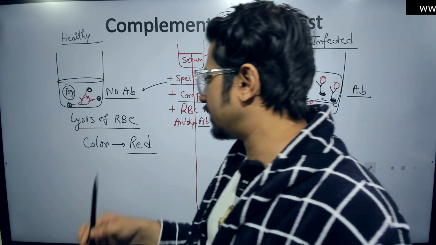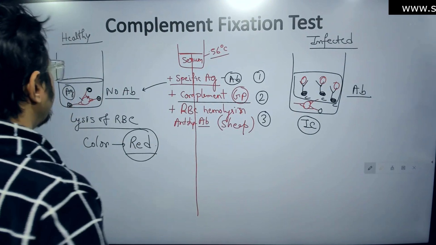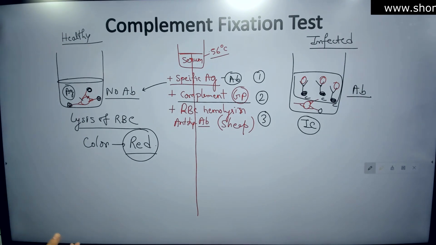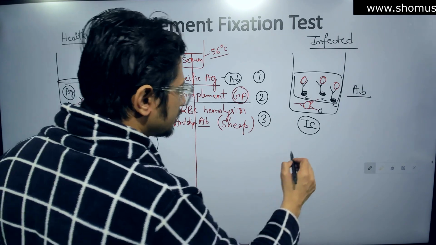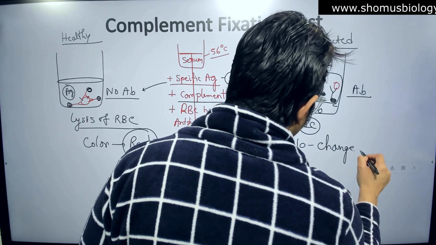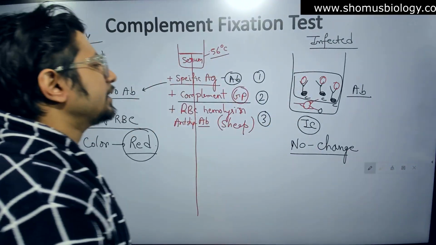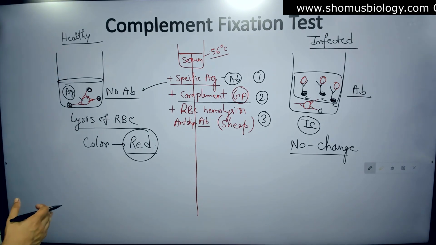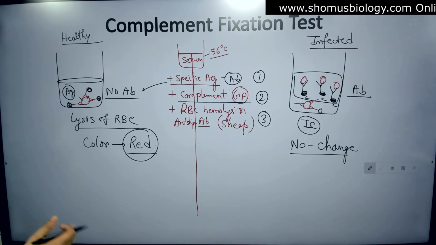That is the lysis of RBC, and the color will turn red. So on the left hand side the color turns red, on the right hand side there is no change in color, no visible change.